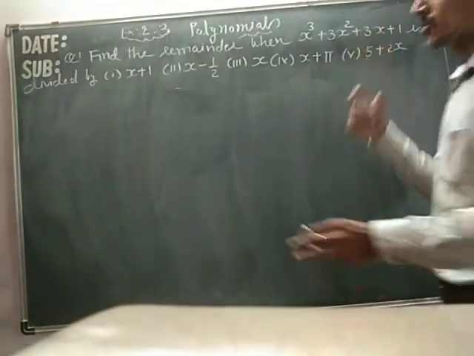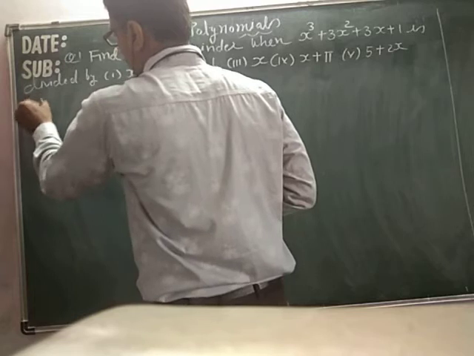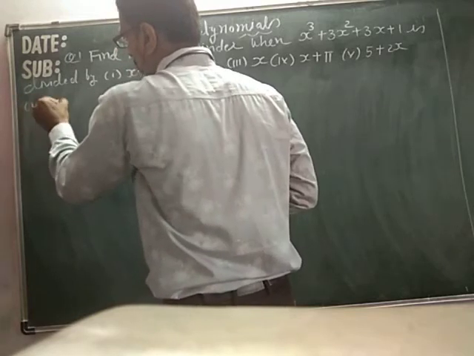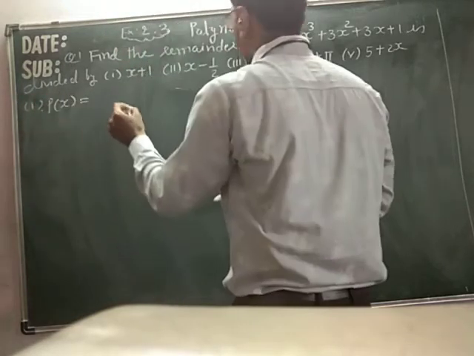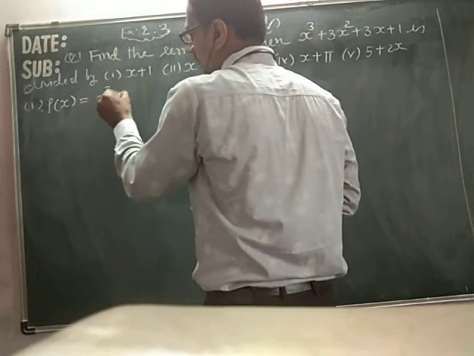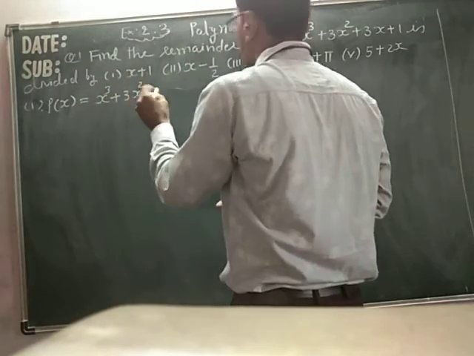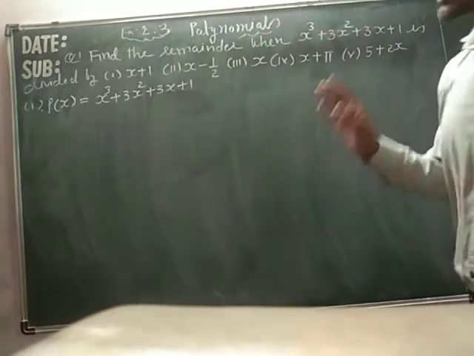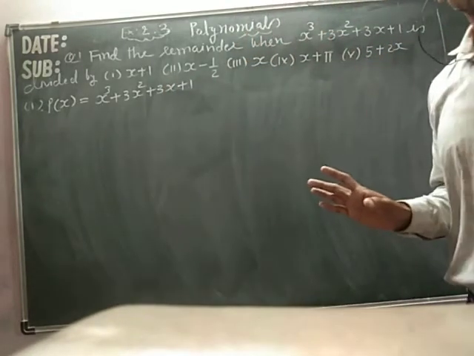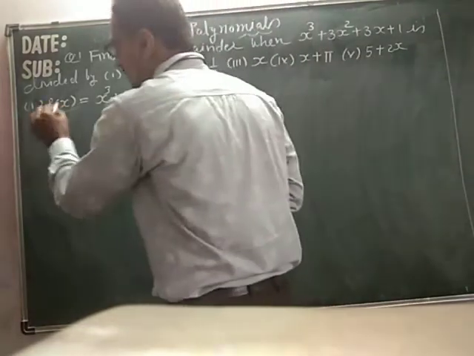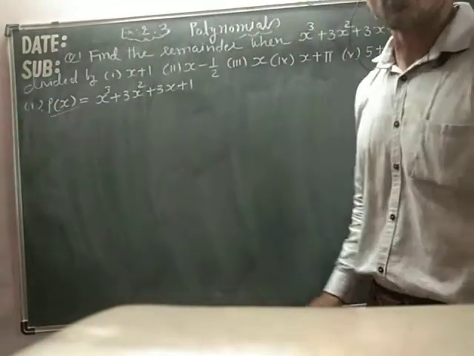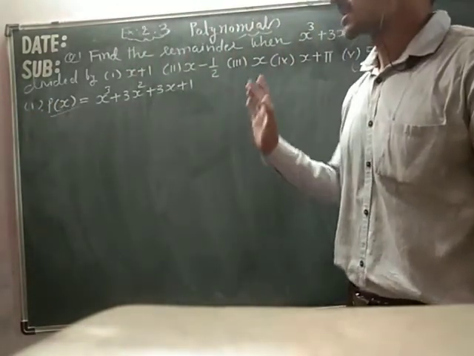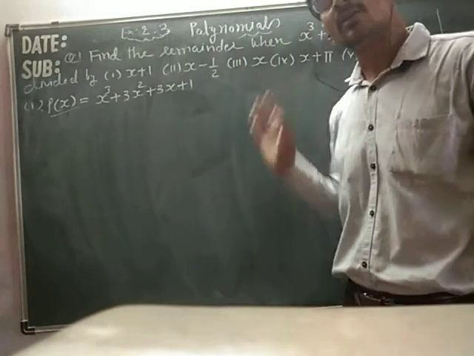Here we have the polynomial p of x equals x cube plus 3x square plus 3x plus 1. In a polynomial, if you get the value 0, that means it is divisible by the given number.